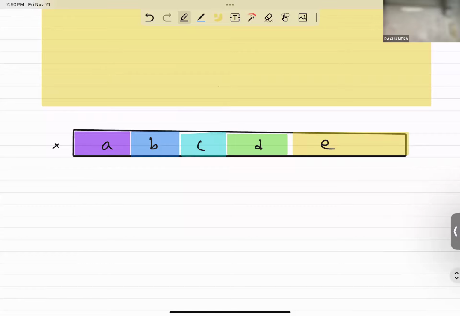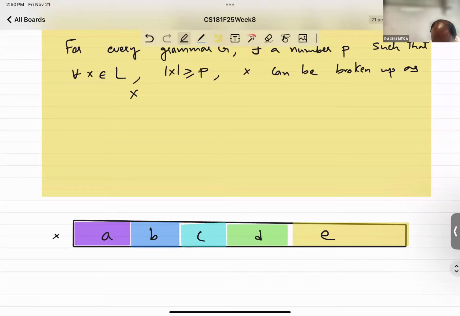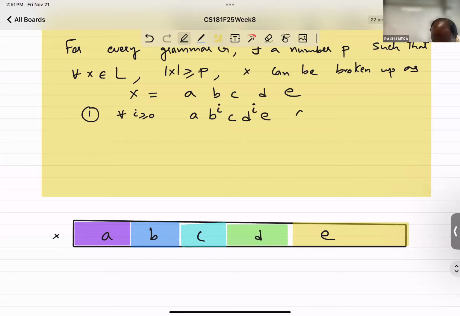Remember, context-free grammars can pair things on either end of a symbol. I can say A goes to 0A0, 0A1, and things like that. So this lemma exactly captures these kinds of things. In particular, it will say I can break up X as A, B, C, D, E, such that for every i, if I repeat B and D together, then I'll stay in the language.